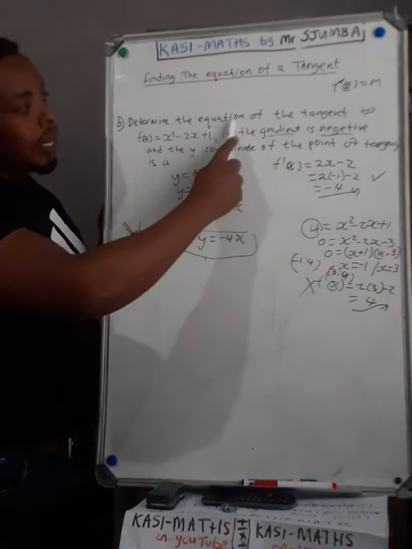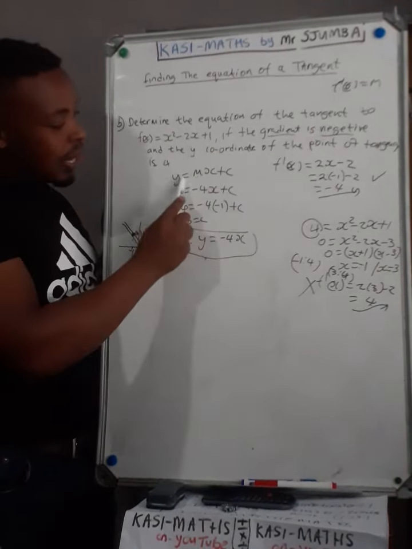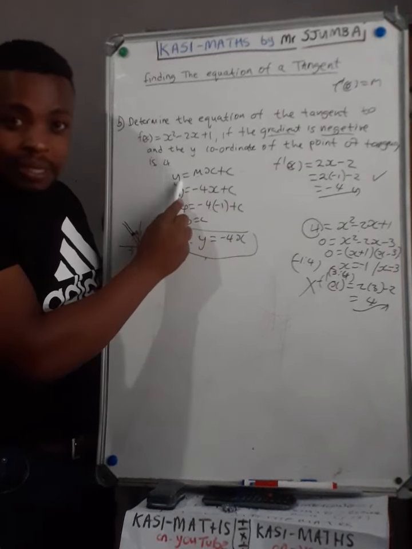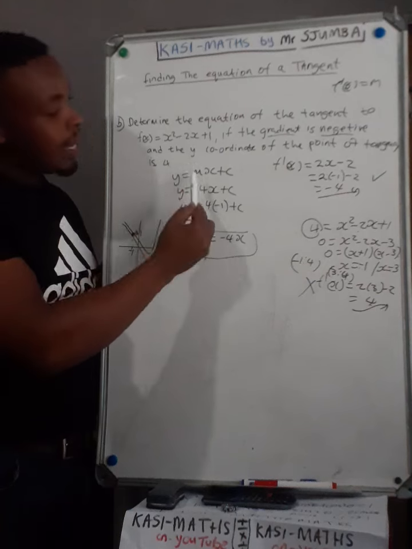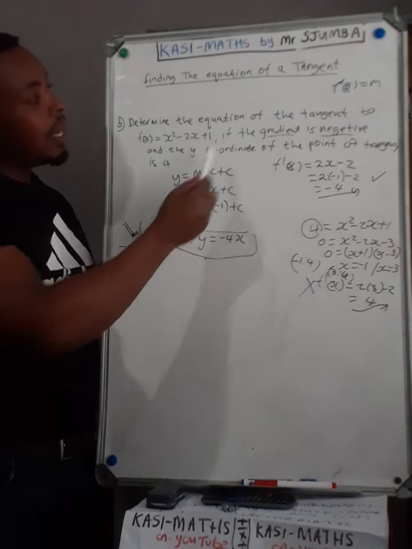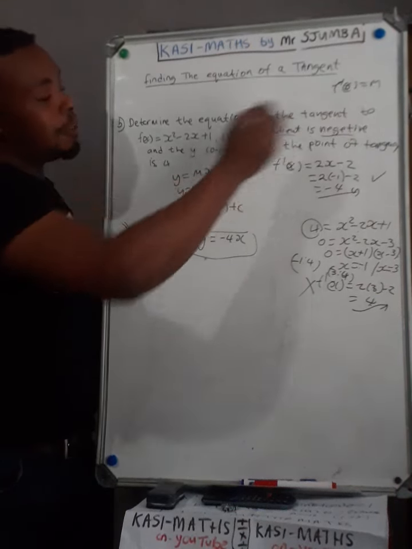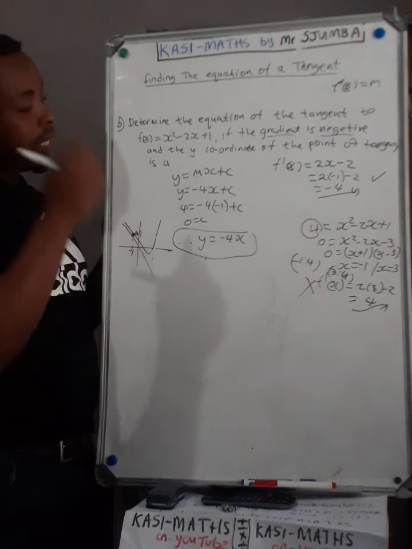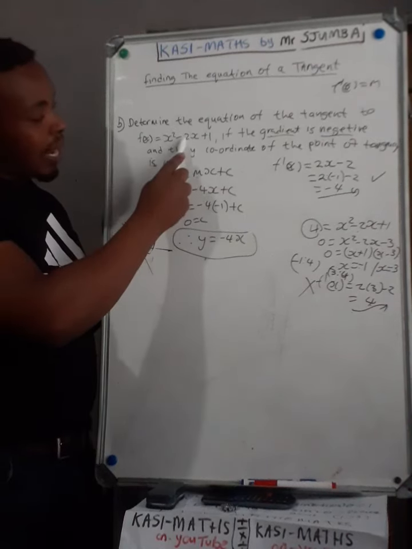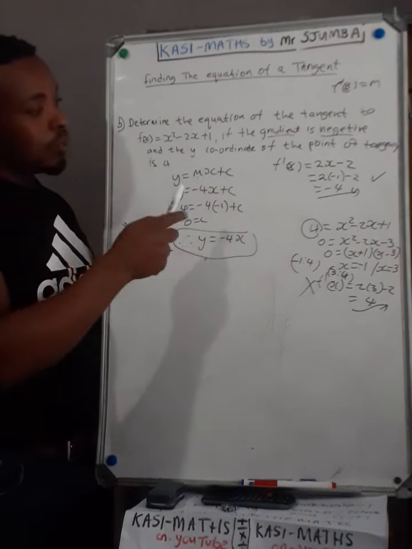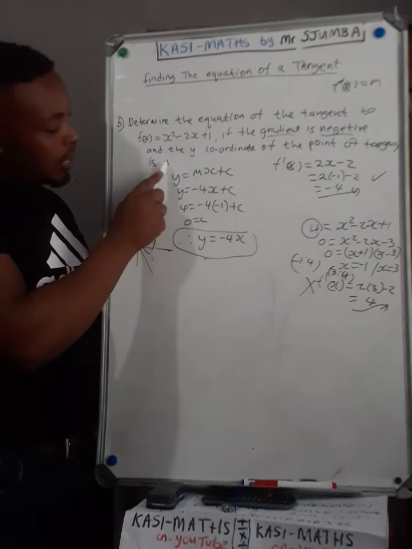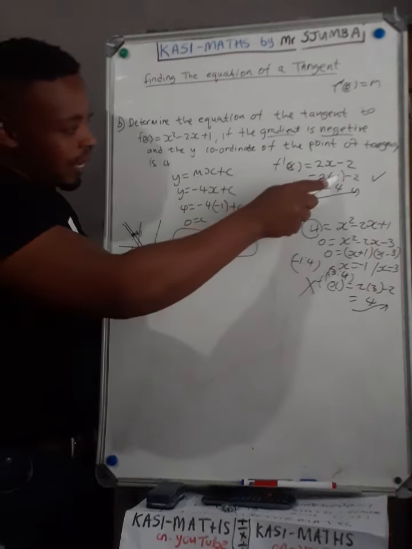If but determine the equation of a tangent, just write y equal to mx plus c. Then let us go look for a gradient. Then usuyabuyela lapho uthi okay, gradient iyafana ne-first derivative. Then you derive. After deriving, you substitute x value. So if unikezwe x value, you ufake x value.